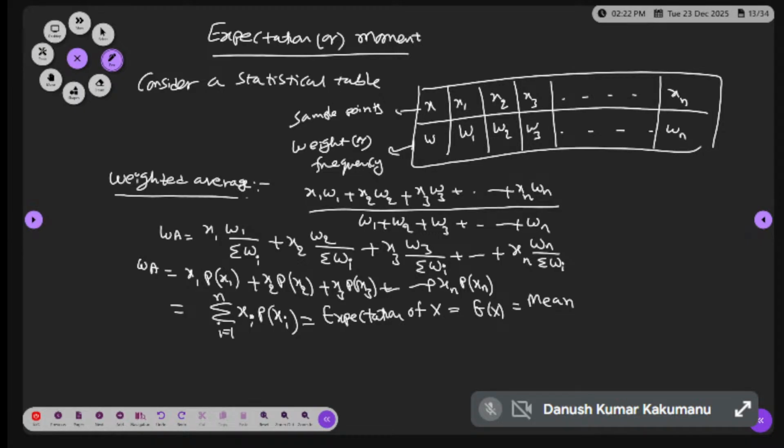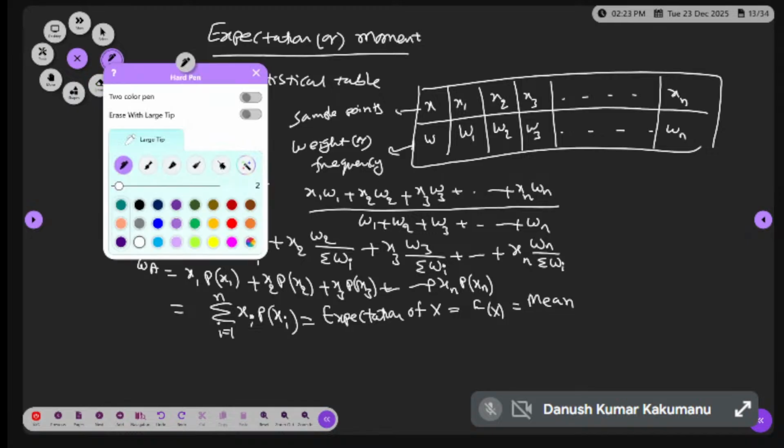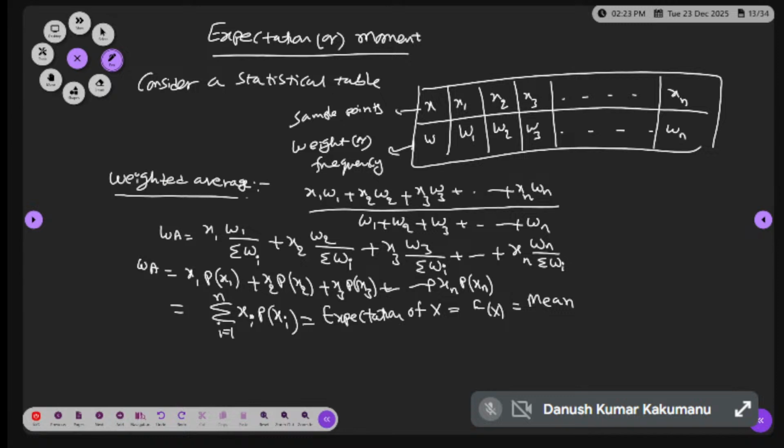E of x is the mean. E, capital E of x, mean. What you have done: weighted average we are converting into the probability. That is called the E of x, mean.